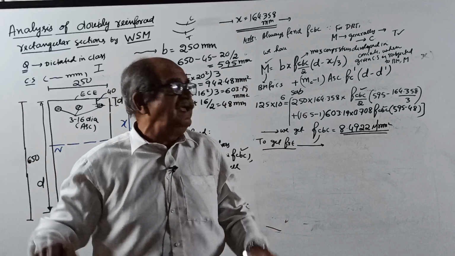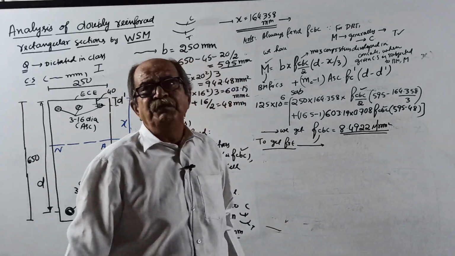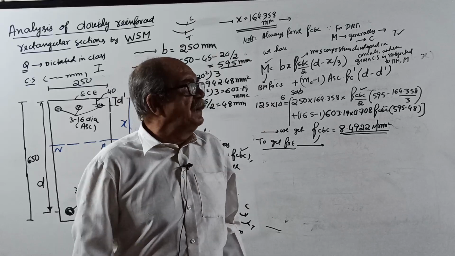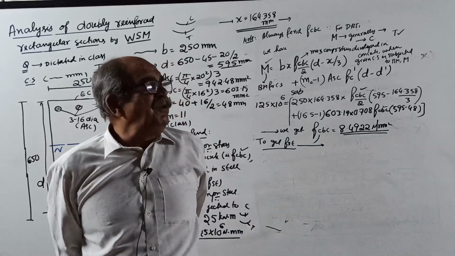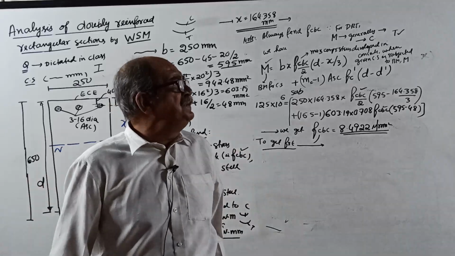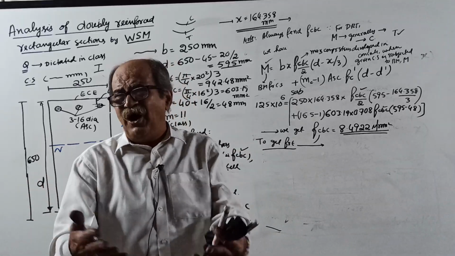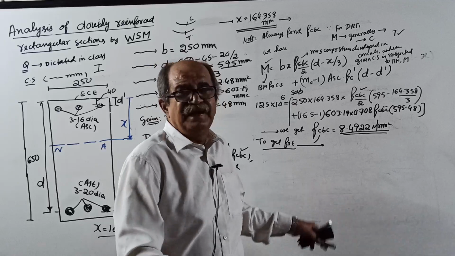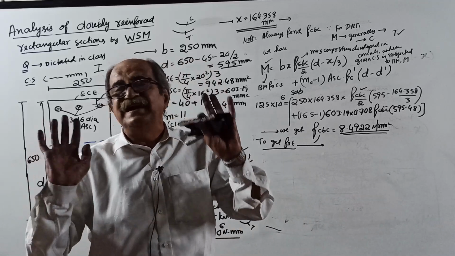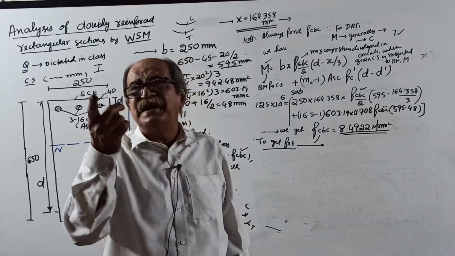Or independently, use the expression for M in terms of tension. That is for singly. But in doubly, the expression for M in terms of tension, nobody is using it. Some will tell it is impossible. It is possible. I will show it in the second part, next part. That is only for those who are interested.